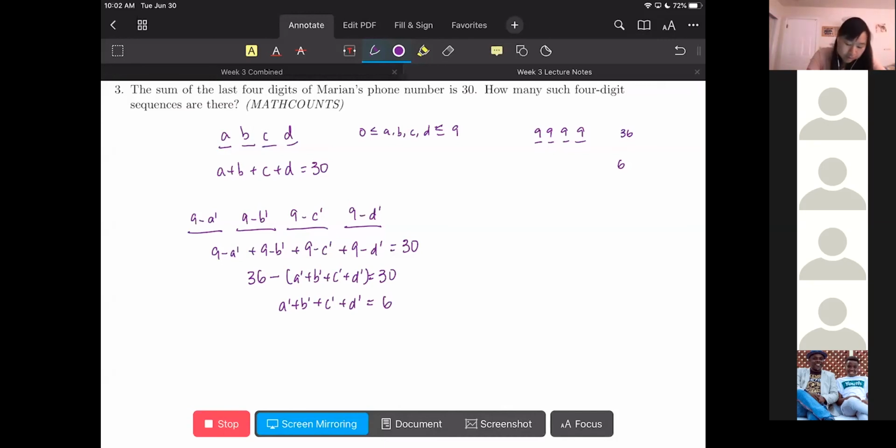And we have the same restrictions here, where 9 minus A prime, for example, is greater than or equal to 0 and less than or equal to 9, which means that A prime is greater than or equal to 0 and less than or equal to 9.